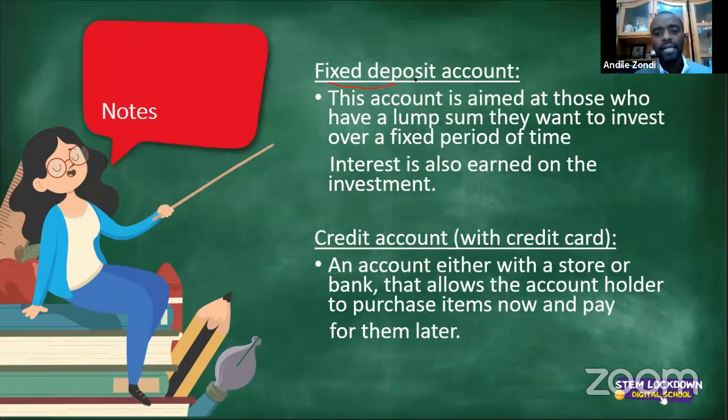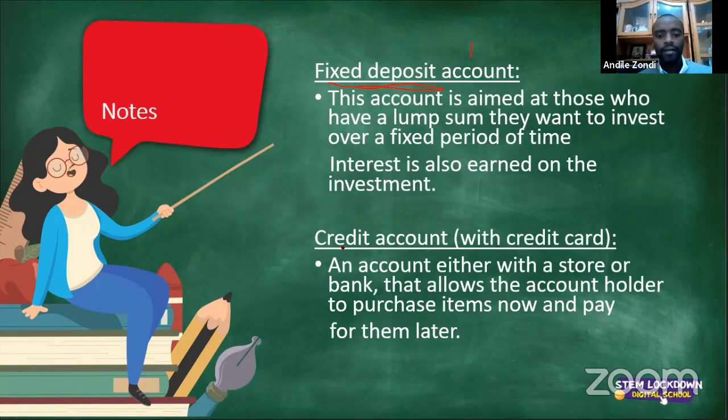Fixed deposits sometimes have terms starting from 6 months and above, here I'll talk about years. So if you're fixing your money for a long period of time, you'll be using a fixed deposit account. As I've said, this earns you more interest.